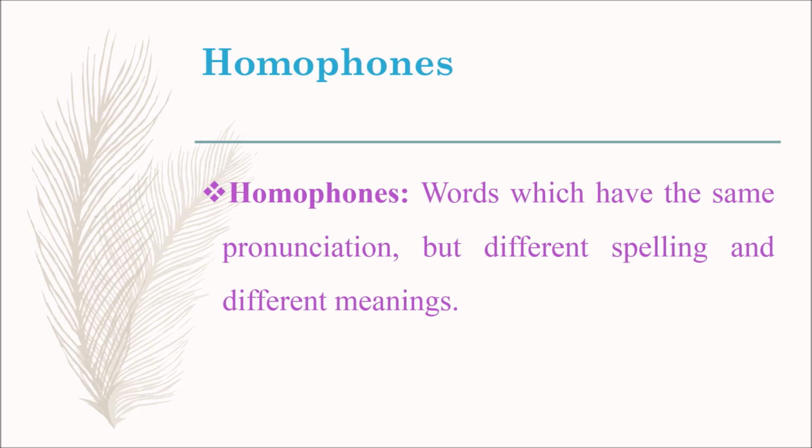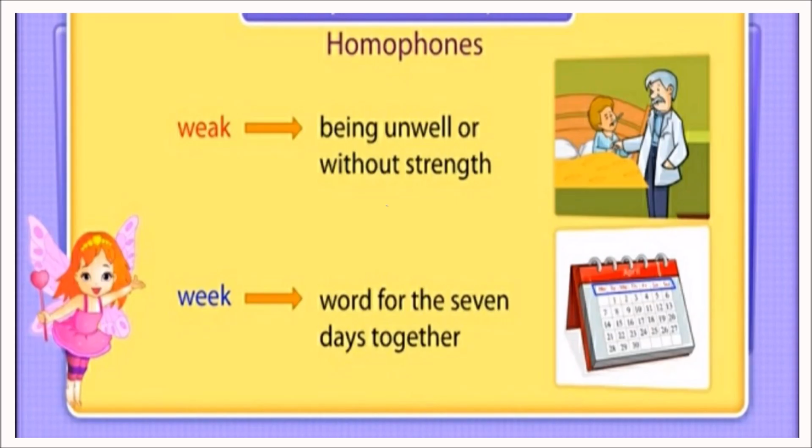Words which have the same pronunciation but different spelling and different meanings. Next we have weak. The word weak means being unwell or without strength. The other word week means the 7 days together.